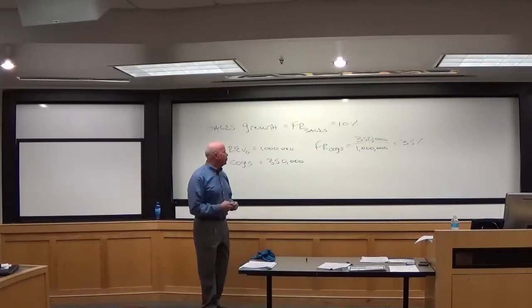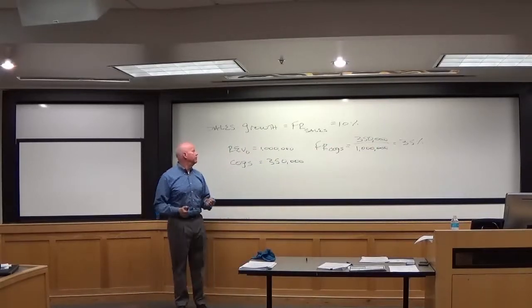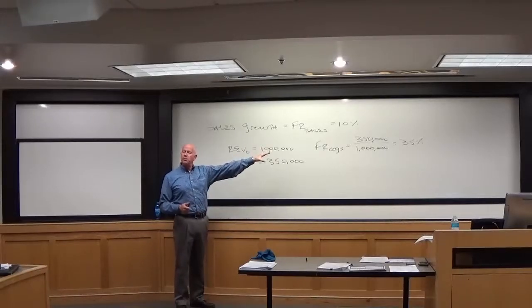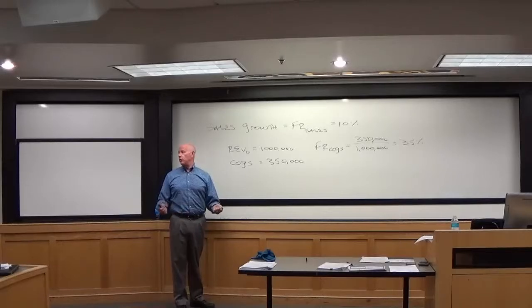So the forecast ratio for expenses is going to be the expense experienced in the base year, or maybe an average number of years prior to the base year, divided by the revenue in the base year, or maybe an average revenue in a few years prior if you're trying to average out some anomalies.